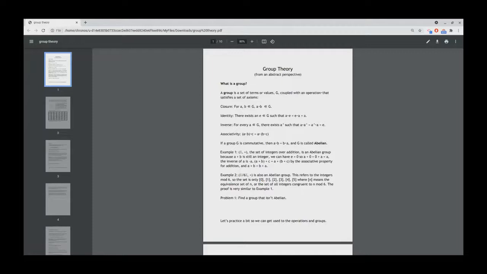The proof is similar to example 1. We set E to the equivalence class of 0. If we add two equivalence classes, it's going to be another equivalence class. For example, if we add 2 and 5, you might think that's 7, but the equivalence class of 7 is the same as the equivalence class of 1, since they're the same mod 6.